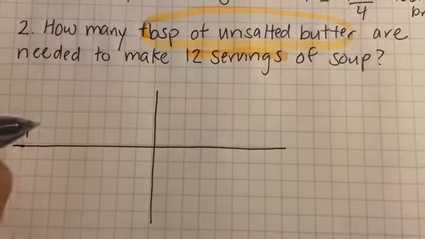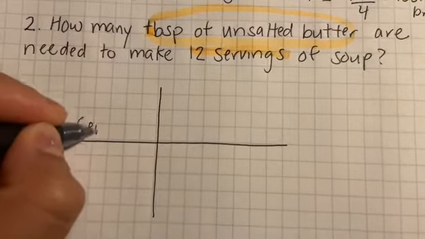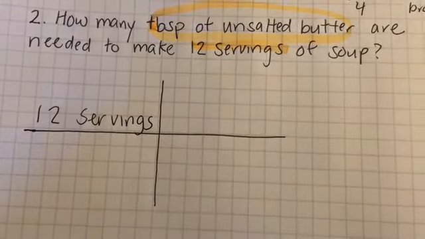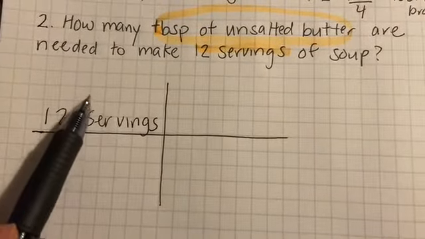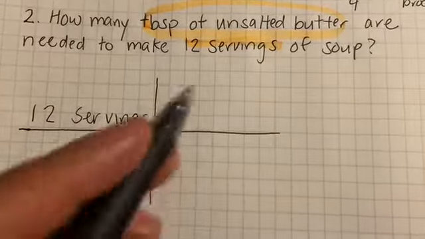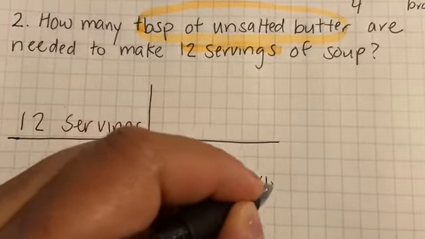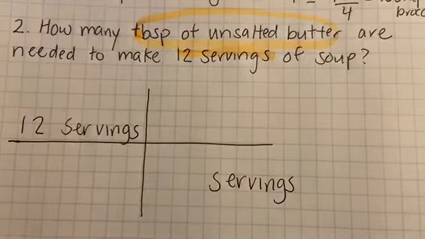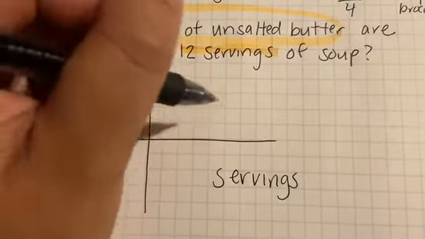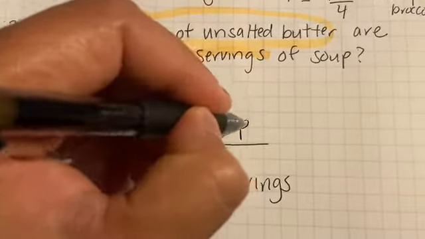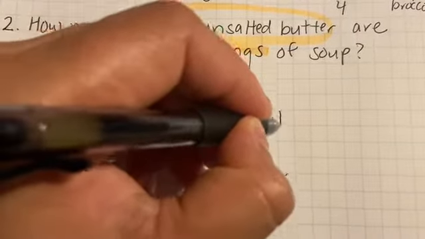My given was 12 servings. My given unit is servings, so my given unit goes in the top left and in the bottom right, so I'll write down servings here. I want my answer to be in tablespoons of unsalted butter. So I'm just going to shorten it and put tablespoons of butter.